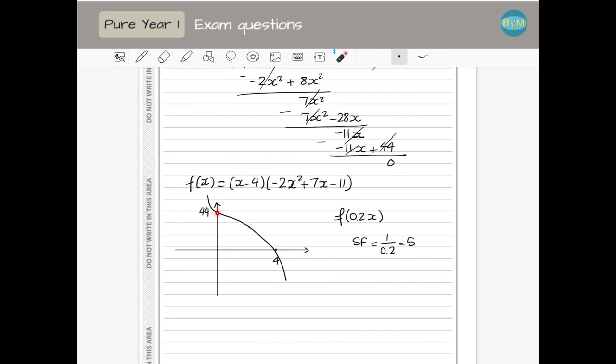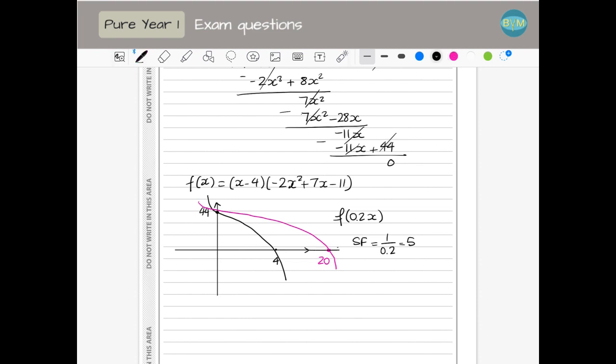This point is not going to change because the x is 0. So even if I multiply by 0.2, it's going to stay where it is, but the 4 is going to go to 5 times 4 because I'm multiplying everything by 5. So my new point of intersection is going to be 20.